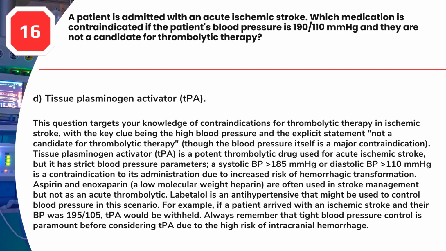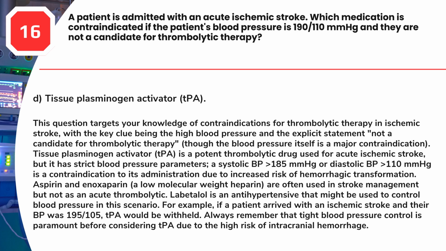Answer D. Tissue plasminogen activator, TPA. This question targets your knowledge of contraindications for thrombolytic therapy in ischemic stroke, with the key clue being the high blood pressure and the explicit statement, not a candidate for thrombolytic therapy, though the blood pressure itself is a major contraindication.